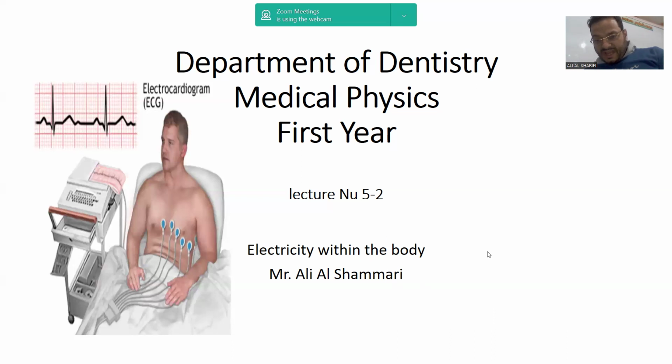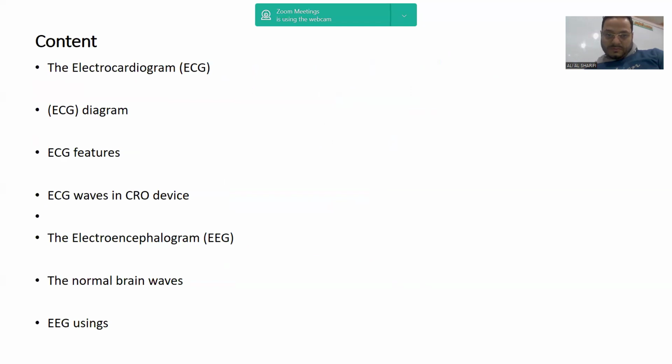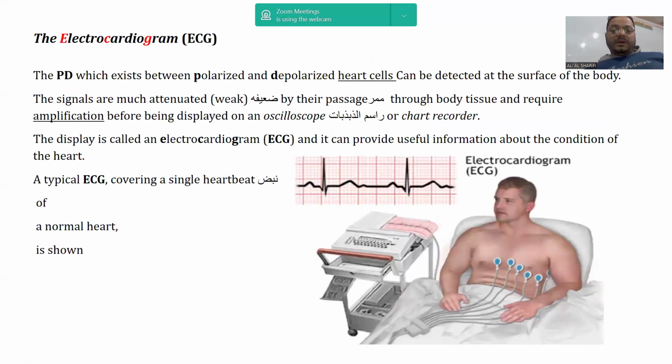This device can measure the content. The first one is the ECG. What is the ECG? Sorry, it's the electrocardiogram. That means something related to your heart. Electro from E, cardio from C, G from gram.